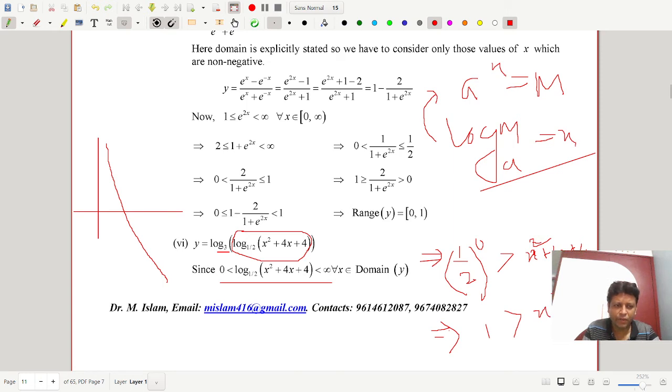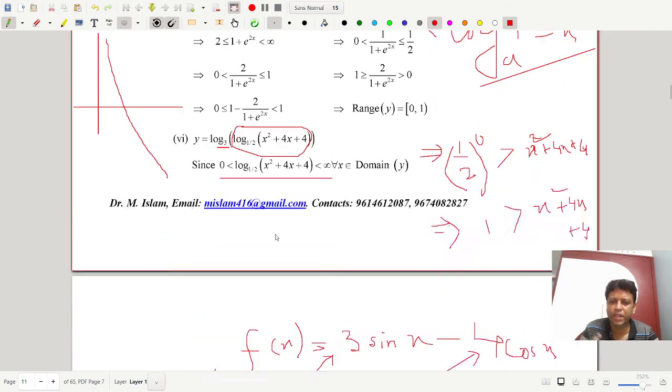Am I clear everyone? Sir, say it once more. If the log base is less than 1, then log is decreasing, meaning the inequation will change. Why? Let me explain with a page.